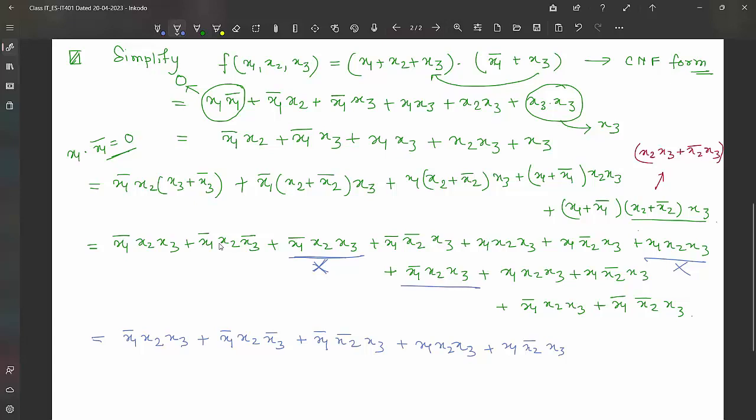Then x1 bar x2 x3 is also present in the first term, x1 x2 x3 already taken, x1 x2 bar x3 also already taken, x1 bar x2 bar x3 already taken. So that's why we will not take all these other terms. So these five terms are our simplified DNF form.